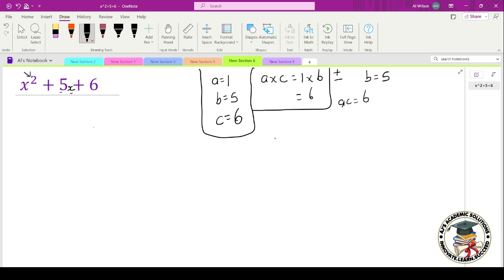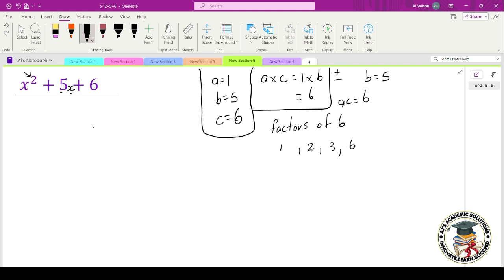So what you want to now do is find the factors of 6. And this is very simple. Factors of 6 would be 1 and 6. And of course, there are a few numbers in between them, which we'd have as 2 and 3. So the factors, if we look here, 1 times 6 is going to give us 6. 2 times 3 is going to also give us 6.